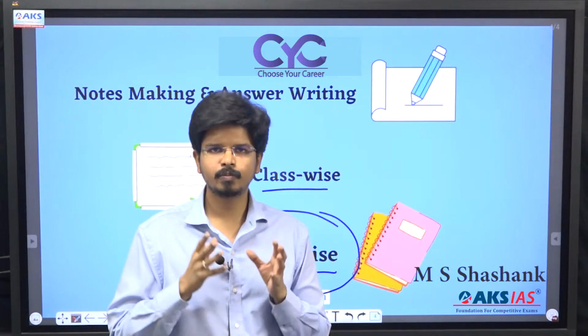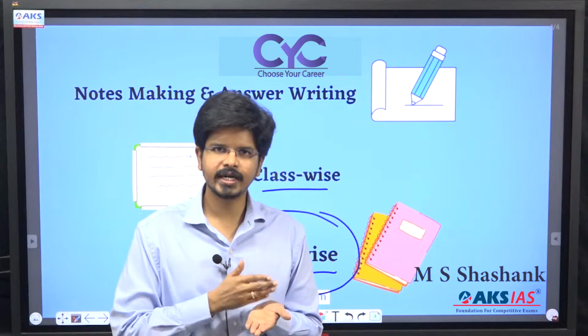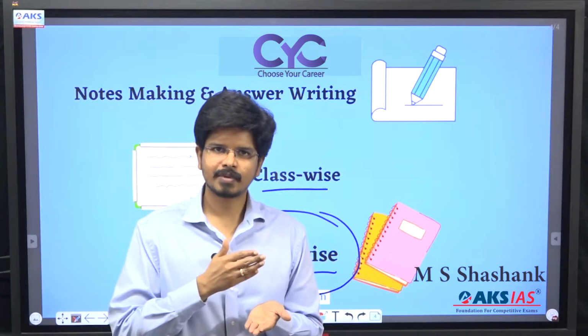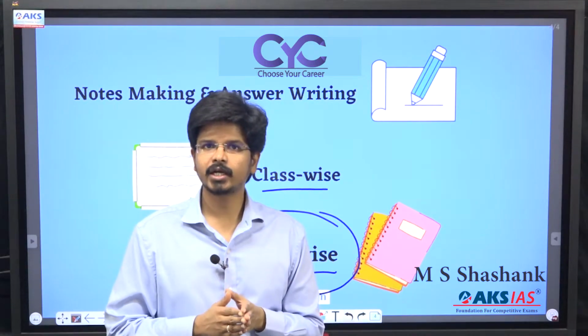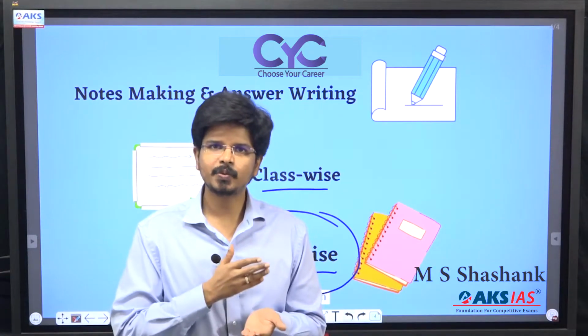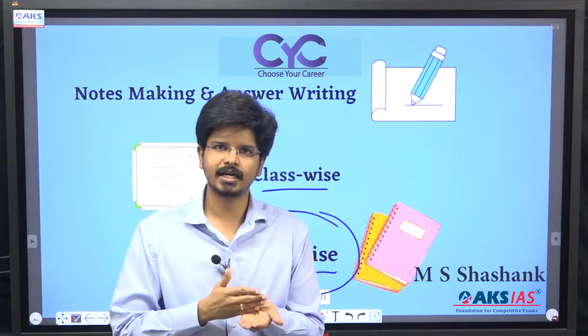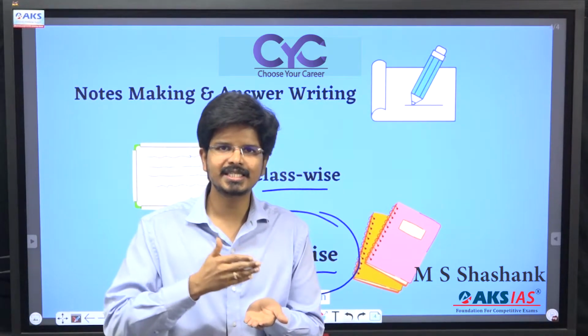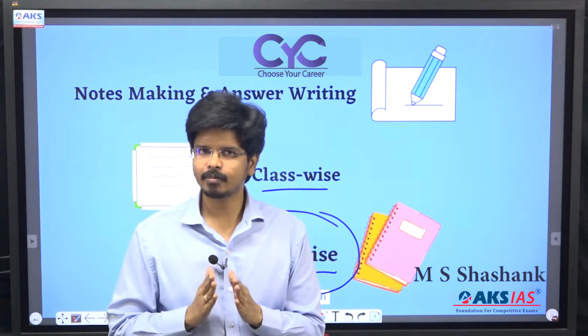In this way, if you choose a particular subject, try to read all the subject books from class 6th to 12th so that you develop a comprehensive understanding about the subject, and you will have a chronology of understanding. You will understand the logical sequence of the subject in a time-bound manner.